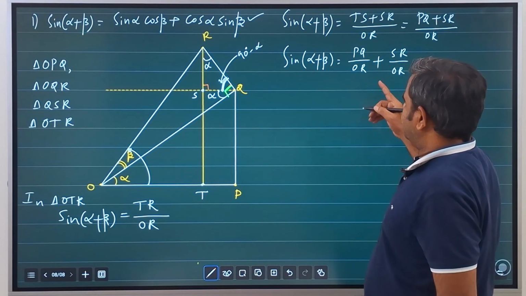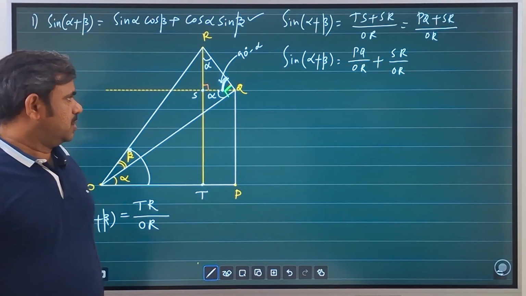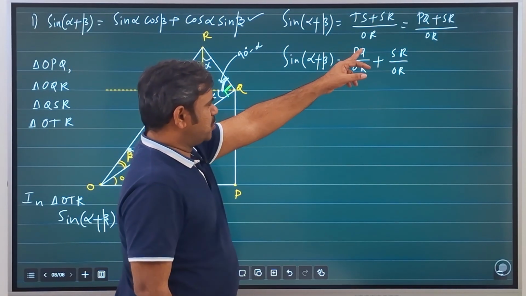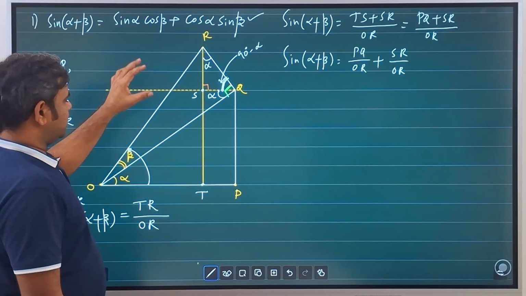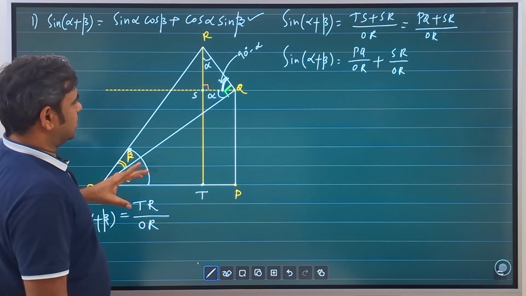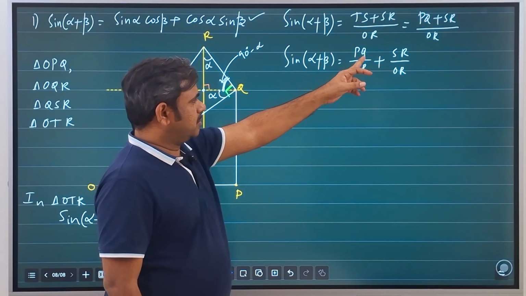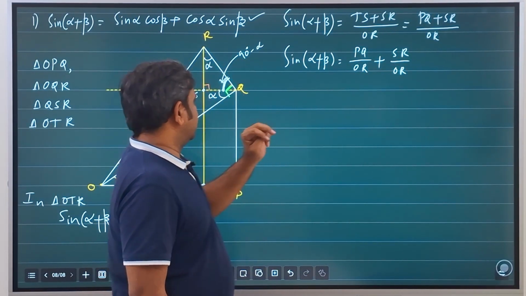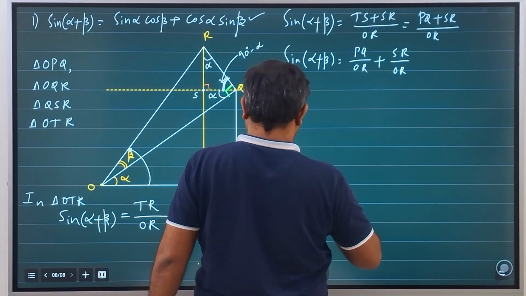Now, what we are going to do is multiply in the numerator and also in the denominator with one of these sides in the right-angled triangles. Multiply the first ratio with OQ and the second ratio with QR.